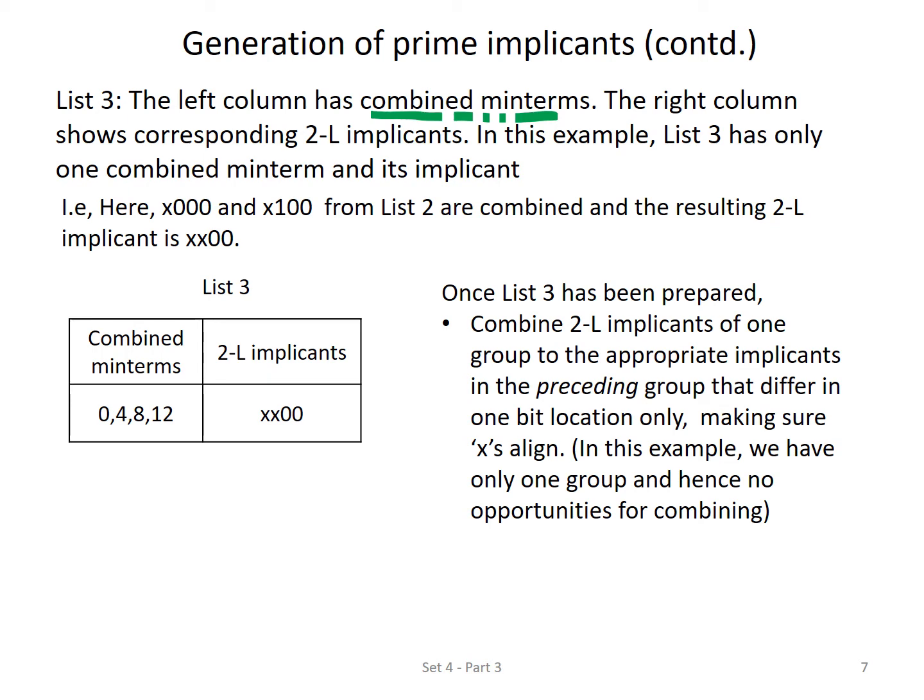In this example, list 3 has only one combined min term and its implicant. Here, x000 and x100 from list 2 are combined, and the resulting implicant is xx00.